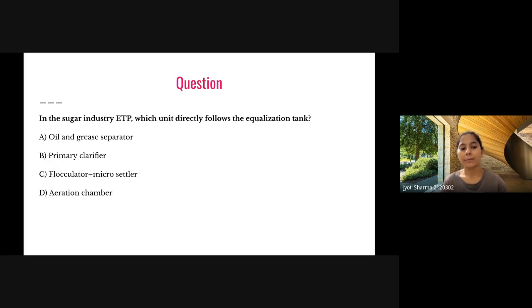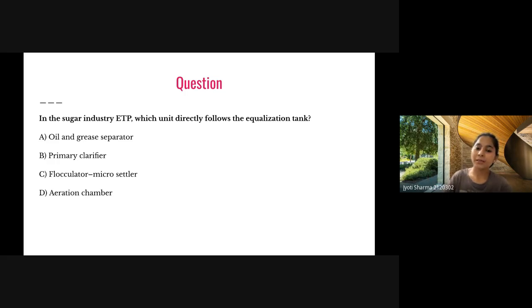Okay. In the sugar industry ETP, which unit directly follows the equalization tank? Oil and grease separator, primary clarifier, flocculator, microsettler, and aeration chamber. So for the treatment, this is just like primary to secondary to tertiary treatment.